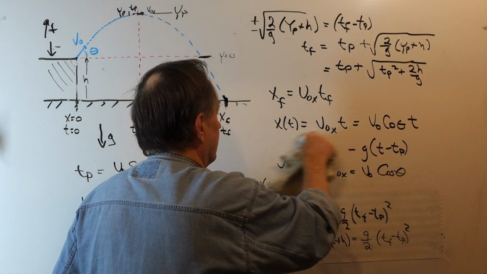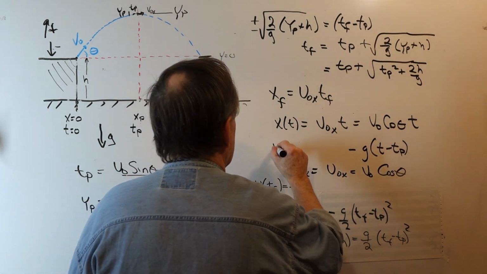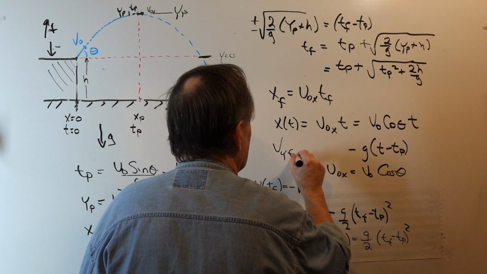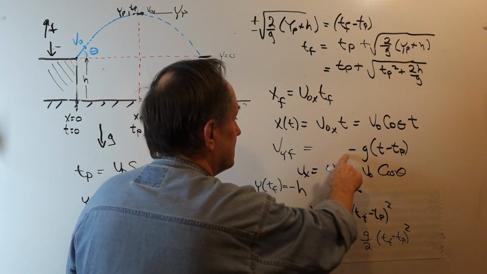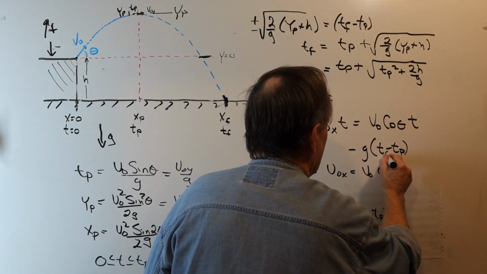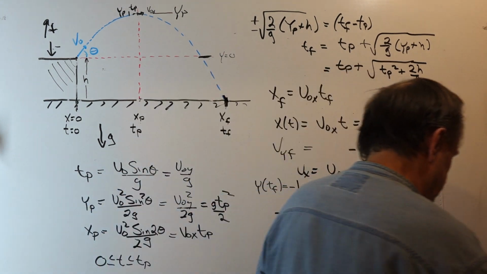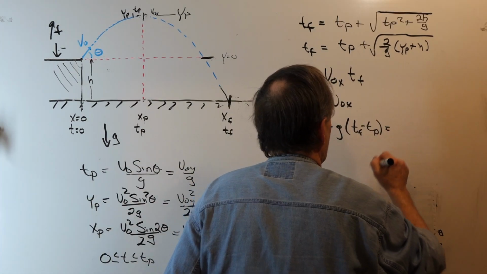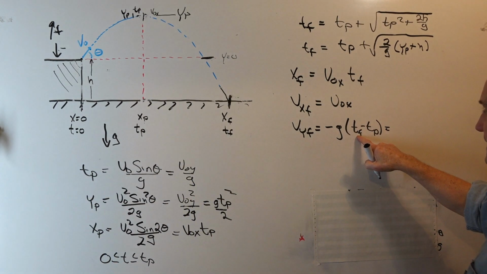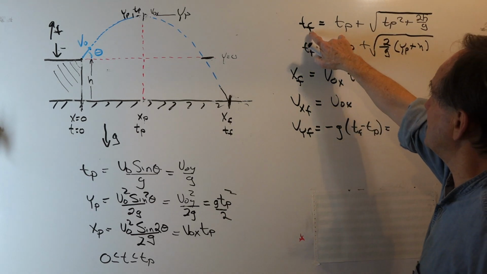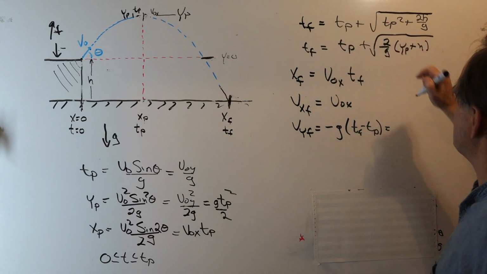So vy final is going to be minus g times t final minus t peak. Well, we have an expression for t final minus t peak right here. T final minus t peak is just this radical.